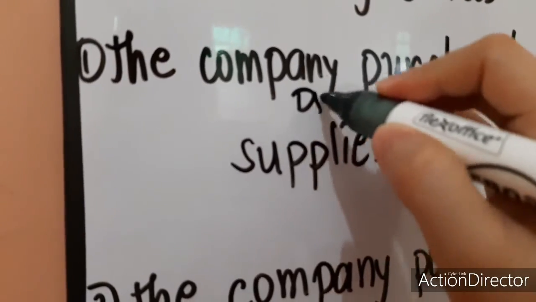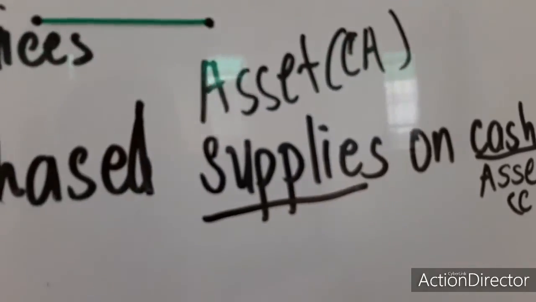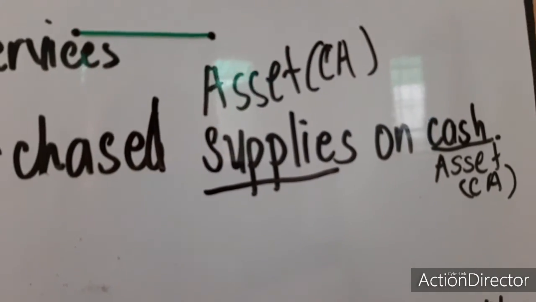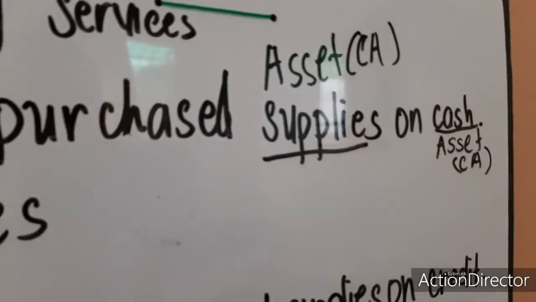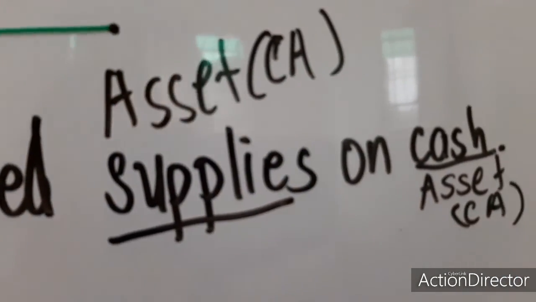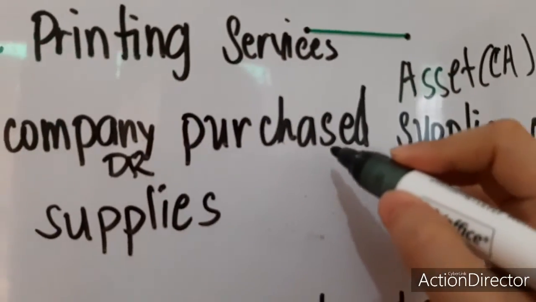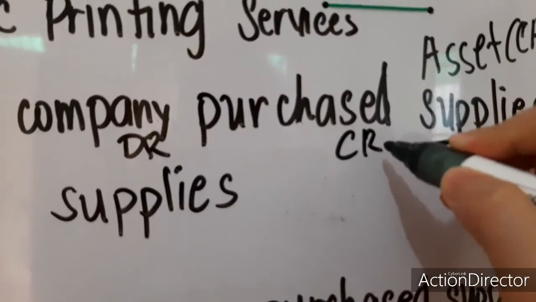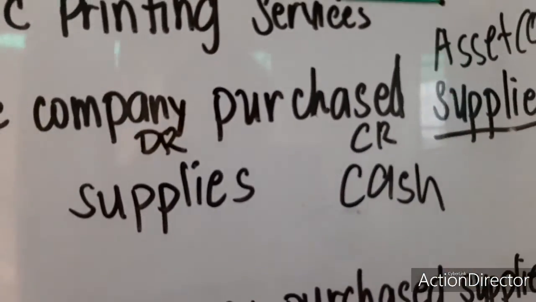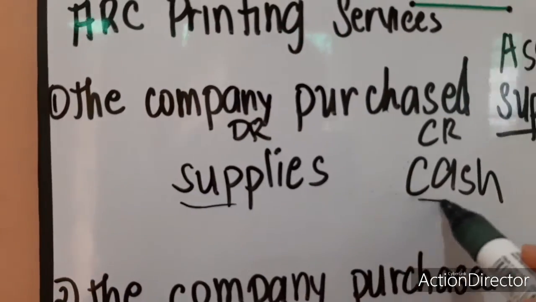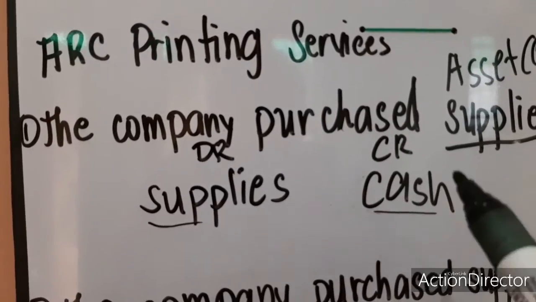If it increases, that would be on the debit side. Now, the company paid or purchased it on cash, so it means that there's a decrease in the asset. What are we going to do? That would be on the credit side. So that would be cash. So there is a double entry: debit supplies and credit cash.